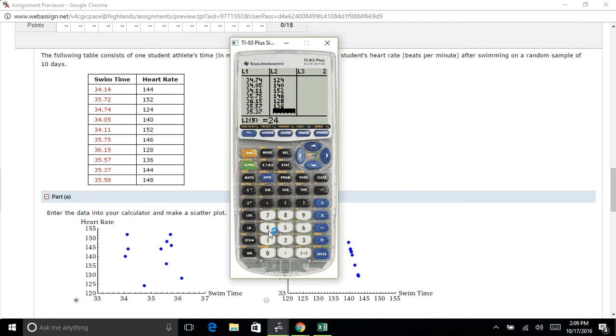My calculator's slowing down a little bit on me. And then 148. Okay.